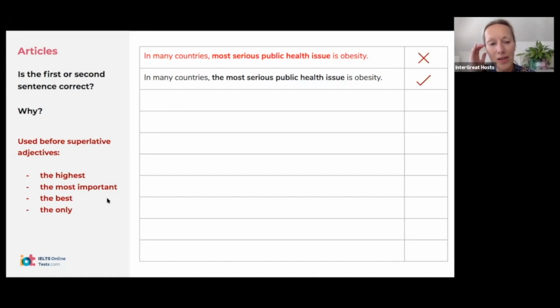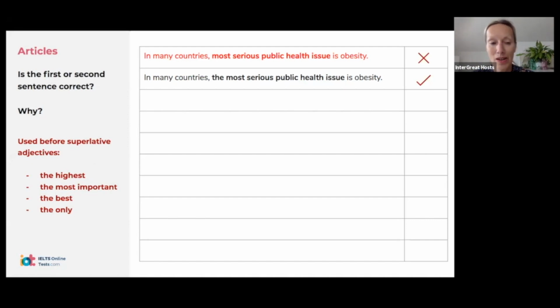So one thing to notice, for some of you, I realize that some of this might be quite easy, for other people it's not so much. But just remember, if you have a really short adjective like high, big, for example, an adjective that has 1 syllable, you add the and est in the superlative.